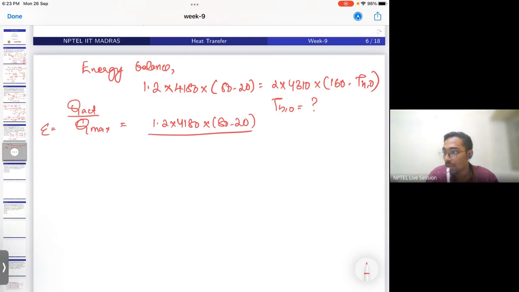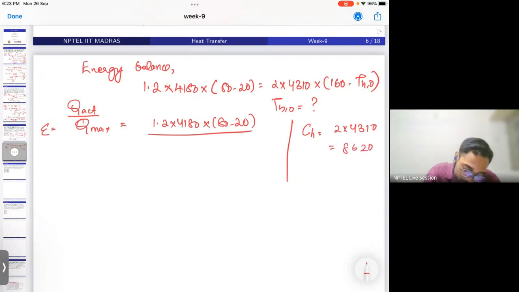Okay, so the hot fluid is 2 into 4310, that is 8620 watt per Kelvin, and the cold fluid is 1.2 into 4180, which is 5016.